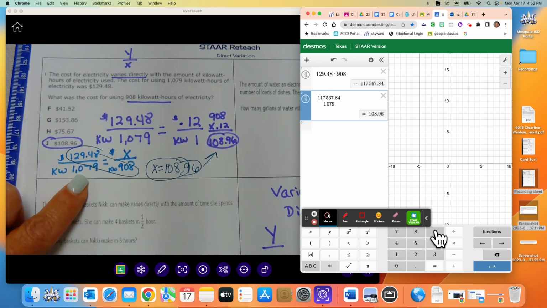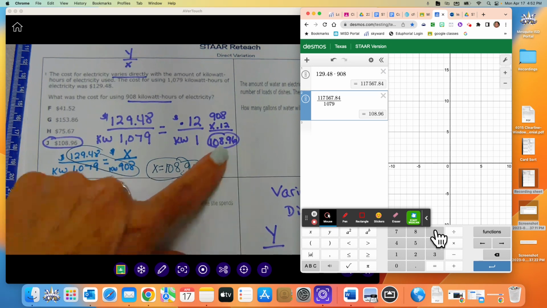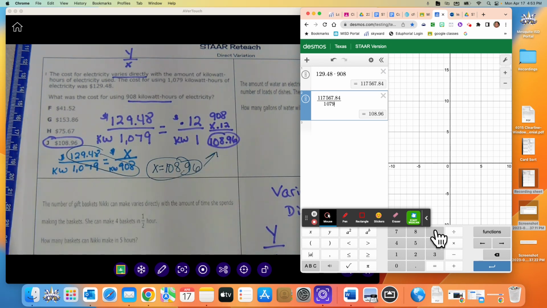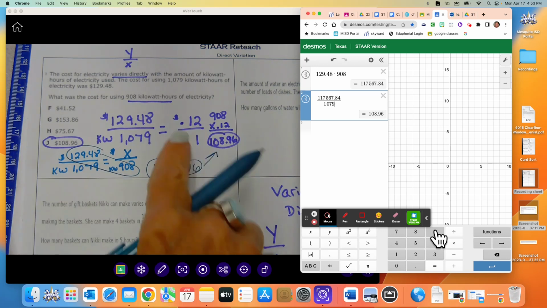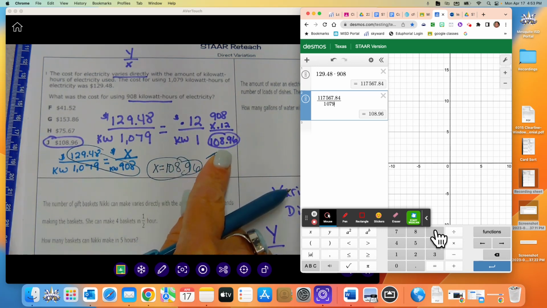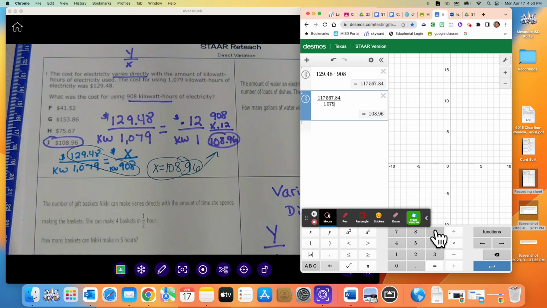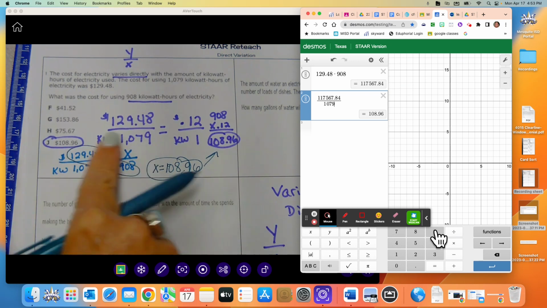And if you notice, that's the same answer that we got up here. So there's two ways you can do it. You can divide and figure out how much it is for 1, but then you have to turn around and multiply. Or you can set it up as a proportion.